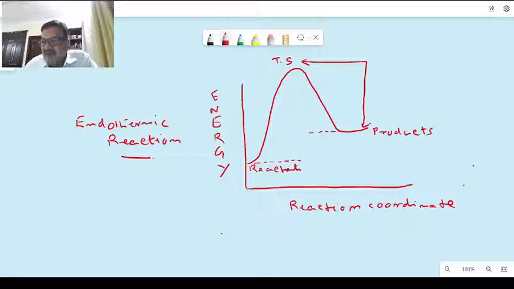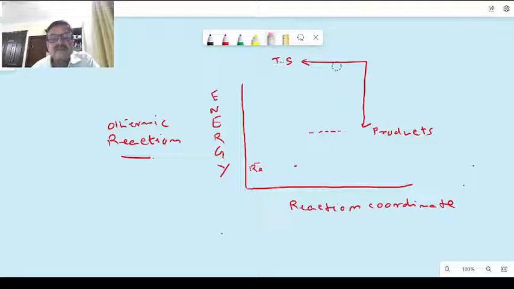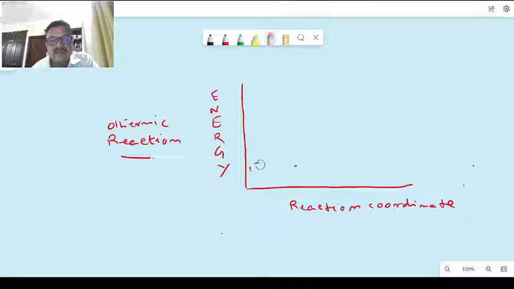Now, an exothermic reaction means the products are lower in energy than the reactants, resulting in release of energy. So this will be exothermic.